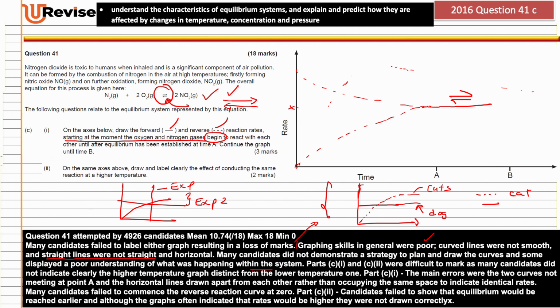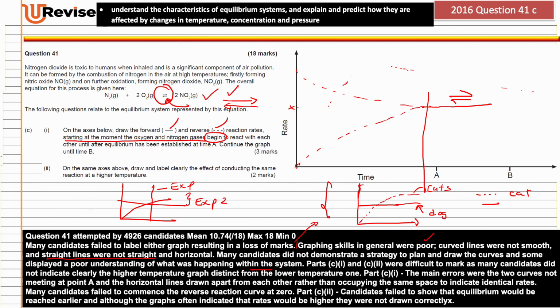Now, Part C, candidates failed to show that equilibrium would be reached earlier, although the graph indicated that rates would be higher. So when you increase temperature, it means you are increasing the rate of reaction. So if a reaction is occurring faster, it's going to reach equilibrium much quicker. Let's say this system reaches equilibrium here.